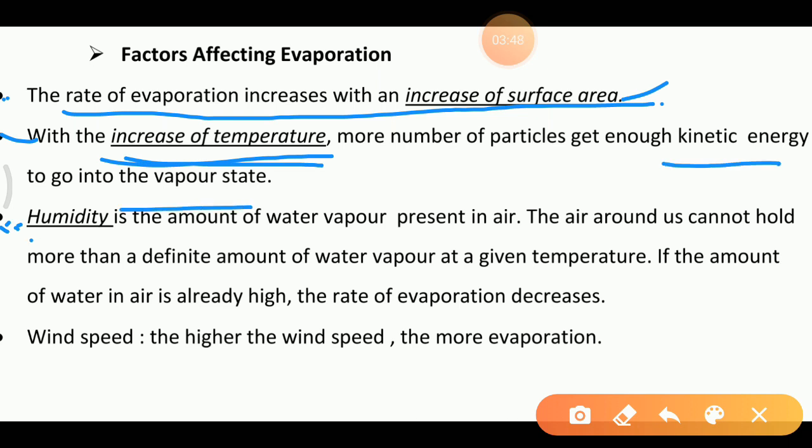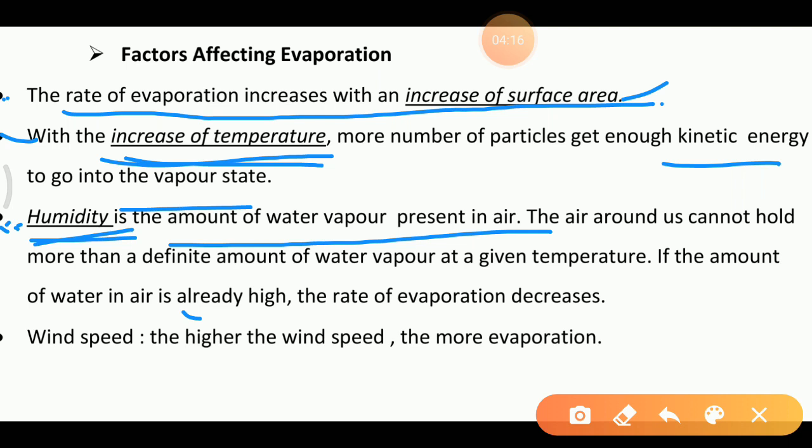Next factor which affects evaporation is humidity. Humidity is the amount of water vapor present in the air. The air around us cannot hold more than a definite amount of water vapor at a given temperature. If the amount of water in air is already high, the rate of evaporation decreases.